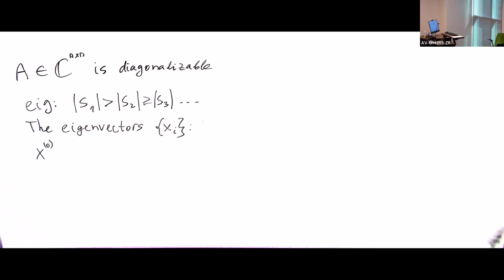That representation of x0 will be alpha 1 x1 plus alpha 2 x2, up to alpha n xn. So just writing that in the eigenbasis. This is possible to write always.